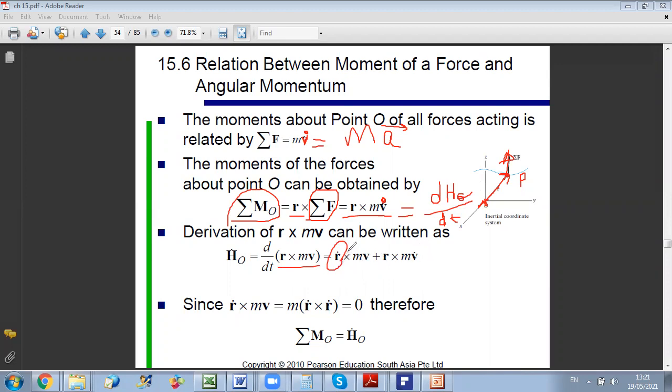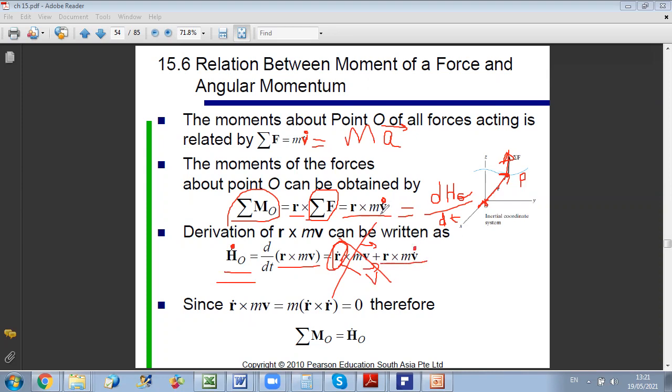But you know that r dot is dr by dt, which is v. And v vectorial v is 0, so this term will cancel out. So the derivative of angular momentum, h dot O, is nothing other than r vectorial mv dot.